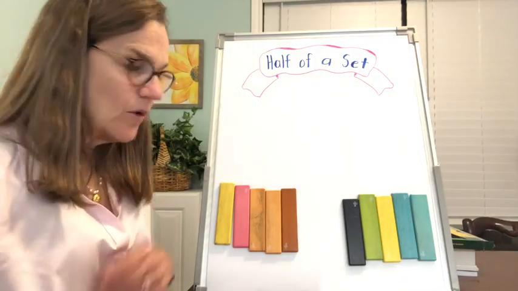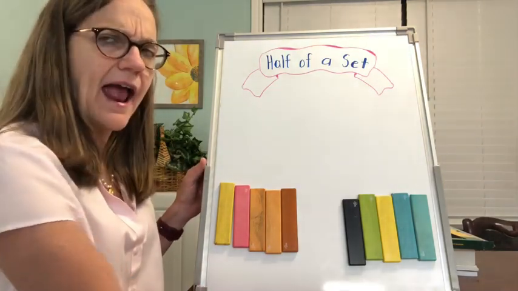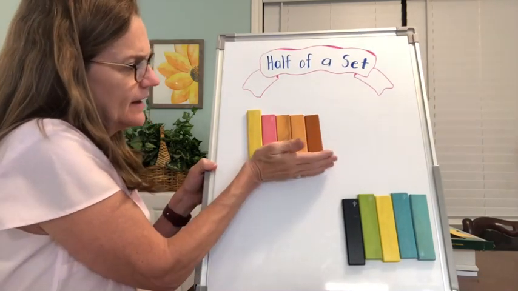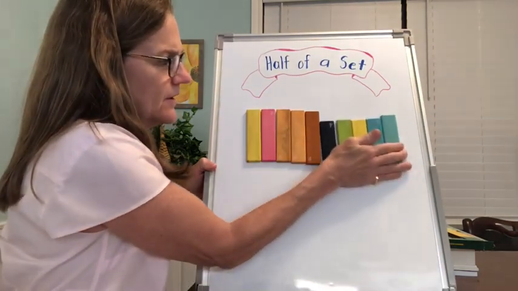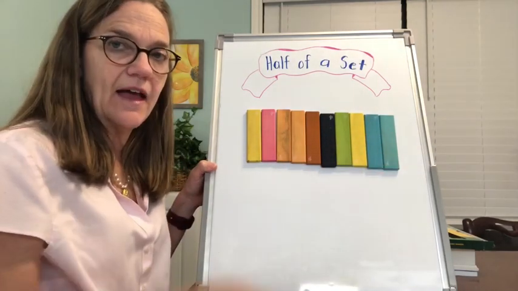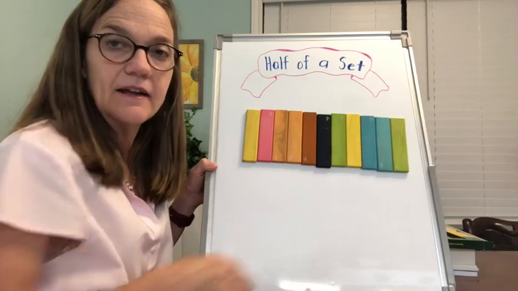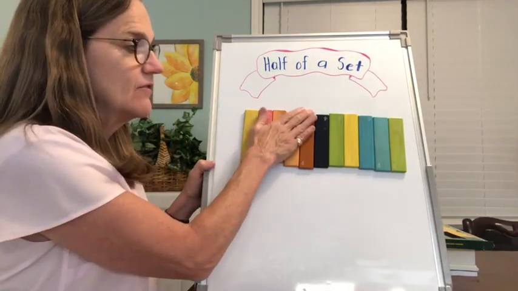Okay. Now, what would happen if I had added another rectangle to the set? Would we have been able to divide it into two smaller groups evenly?